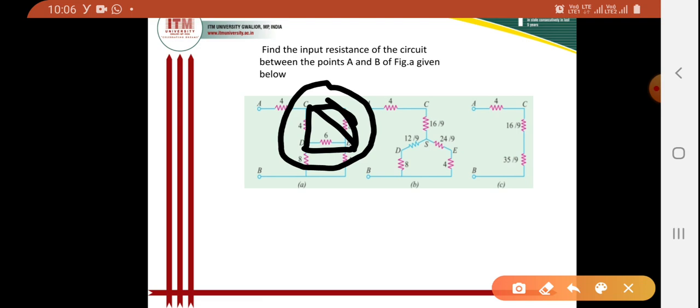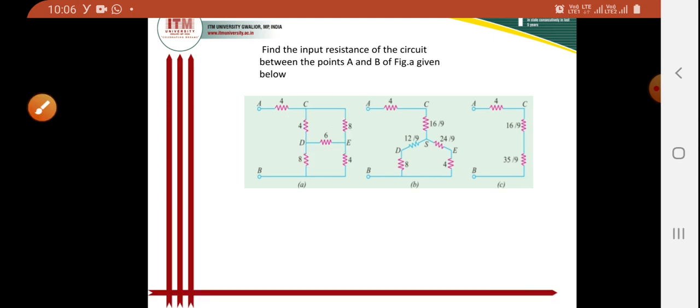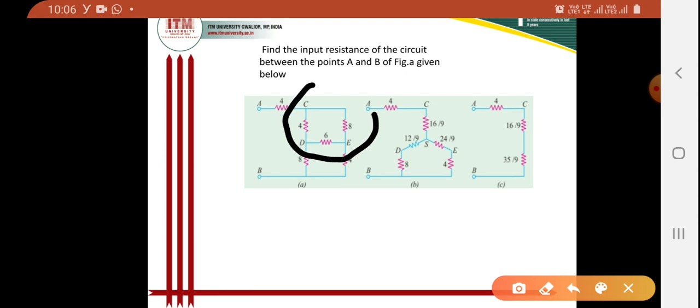So we can consider this part and convert this delta part into its equivalent star. So consider the circuit CDE and convert it from delta form to star.